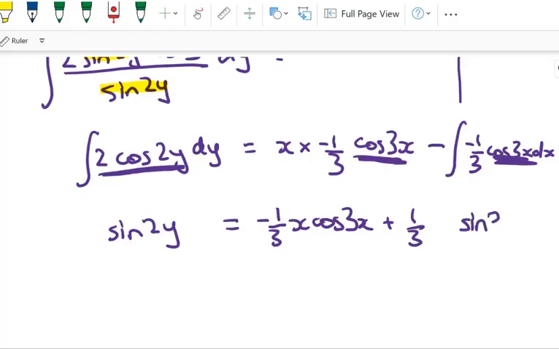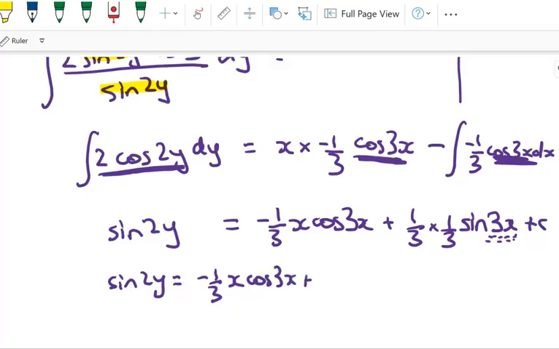Well, that's going to be sine of 3x times 1/3 to undo the chain rule 3 that comes out here, and I've got plus c. So we have sine of 2y is equal to negative 1/3 x cos of 3x plus 1/9 sine of 3x plus c. Now we're given a condition so that we can figure out what the constant is.